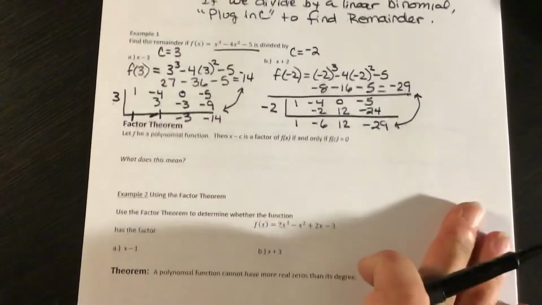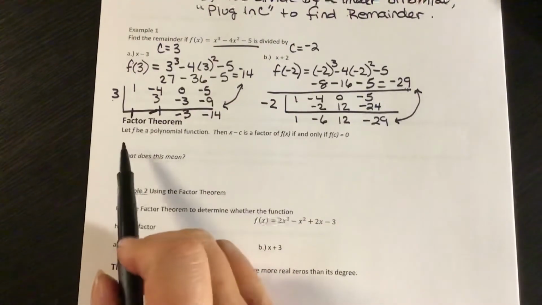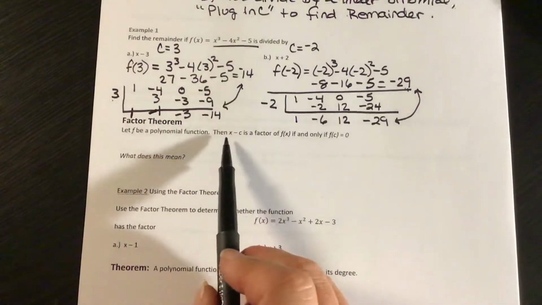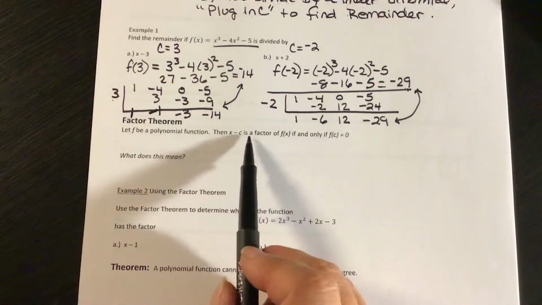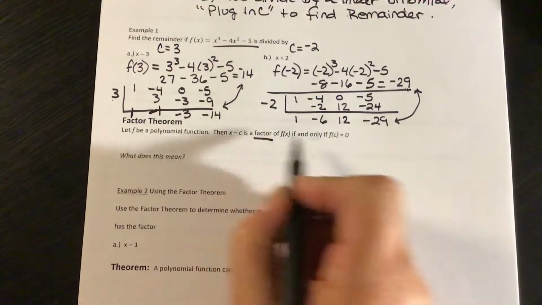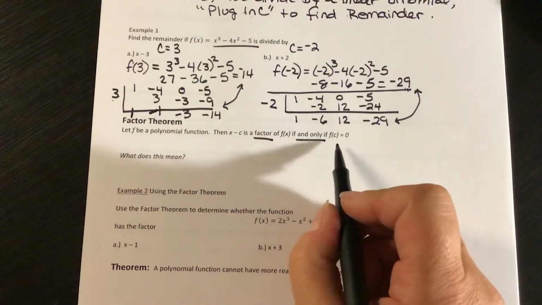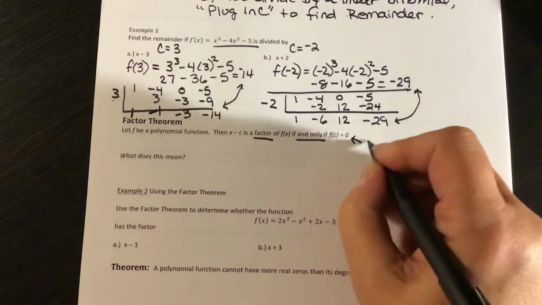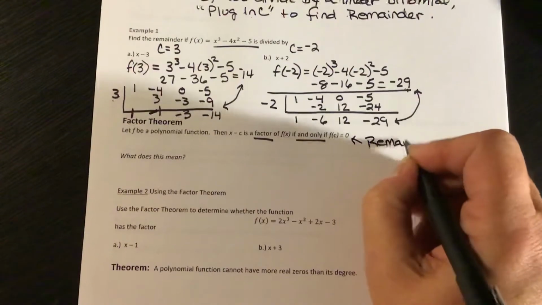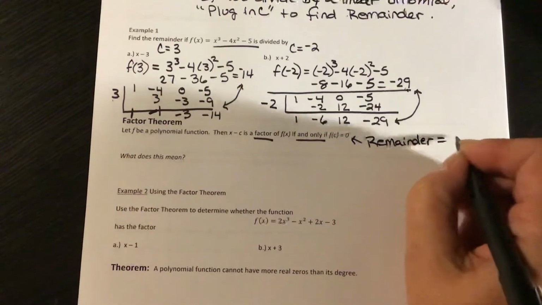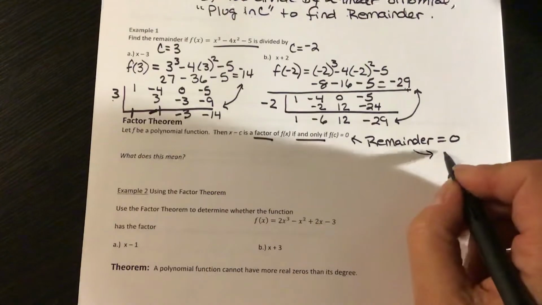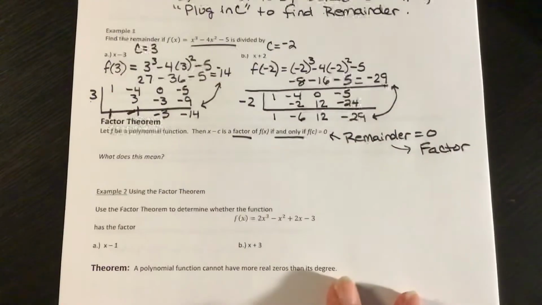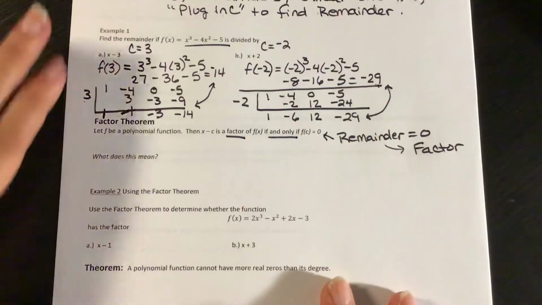So then we have the factor theorem. It says let f be the polynomial function, just like we had before, and then x minus c is a factor if, and only if, f of c is 0, or I get remainder 0. And if I get remainder of 0, it is a factor. So what does that mean?